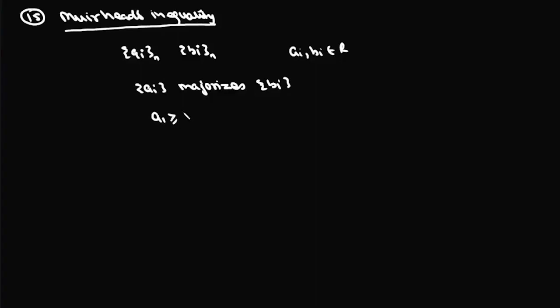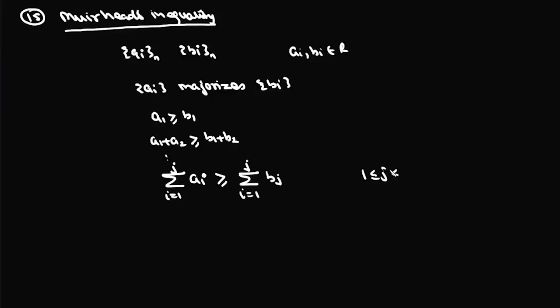It simply means that A1 must be greater than or equal to B1. A1 plus A2 must be greater than or equal to B1 plus B2, or in general this summation of AI, where I varies from 1 to j, must be greater than or equal to this summation of BI, I varies from 1 to j, for all j lying between 1 and n, and this sum of AI from 1 to n must be equal to this sum of BI from 1 to n.